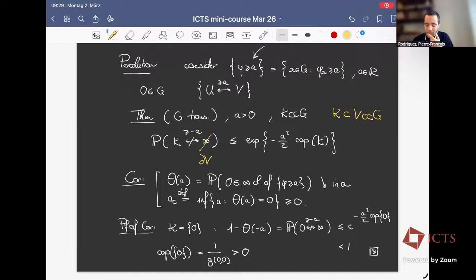Okay, and so now in percolation, and this is going to be a theme basically for all the lectures, one thing that people like to do is they want to use exploration.